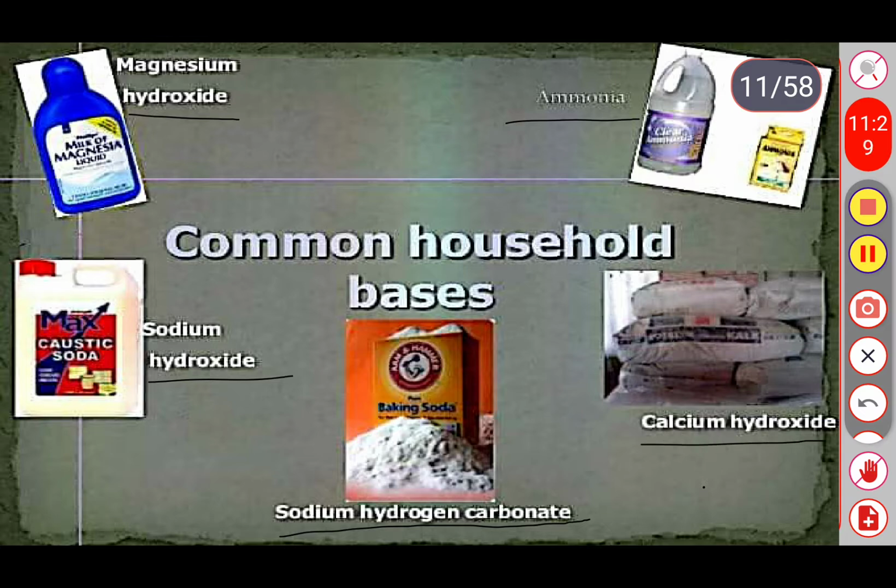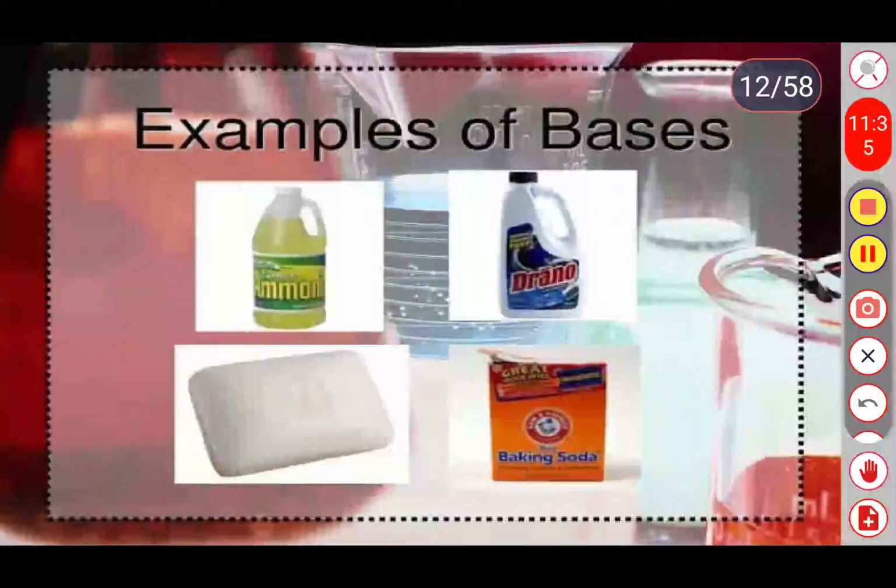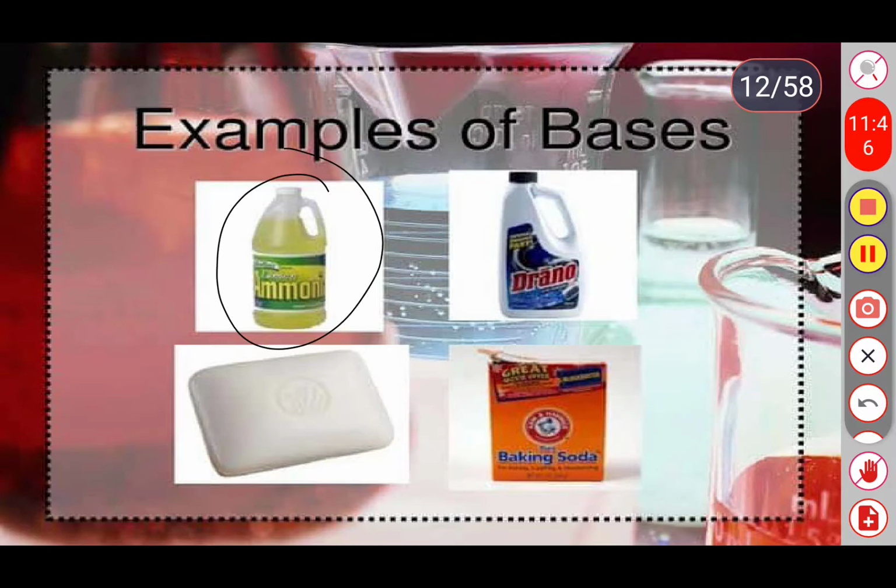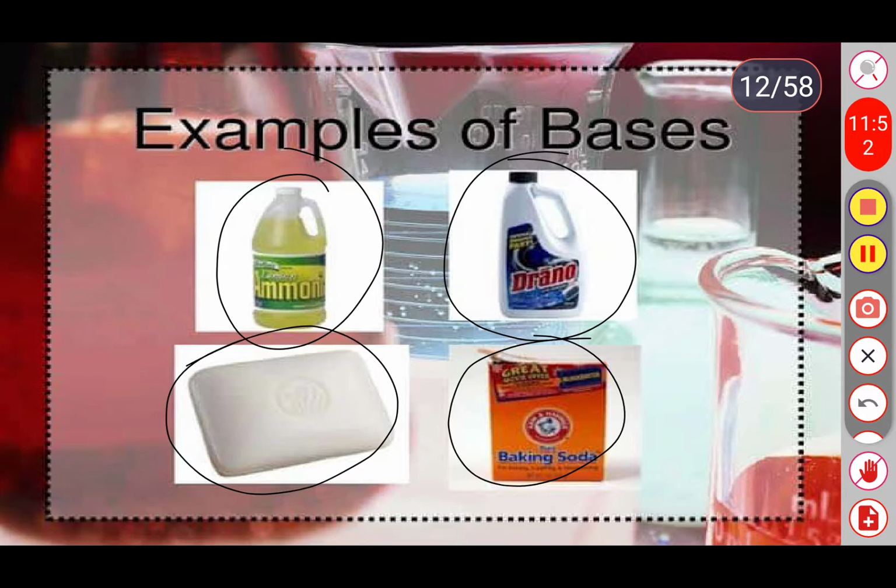Let's take some more examples. All the cleaning substances we use are good examples of bases. For example, ammonia, Harpic, baking soda, soaps, detergents, shampoos. These are all good examples of bases.